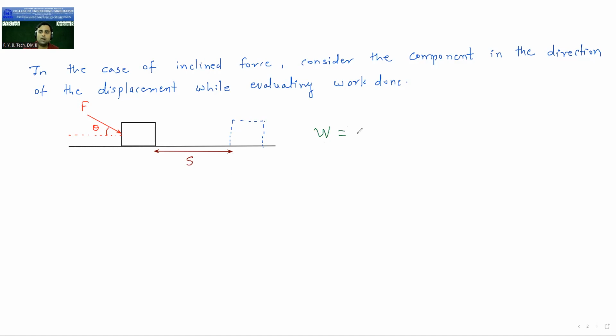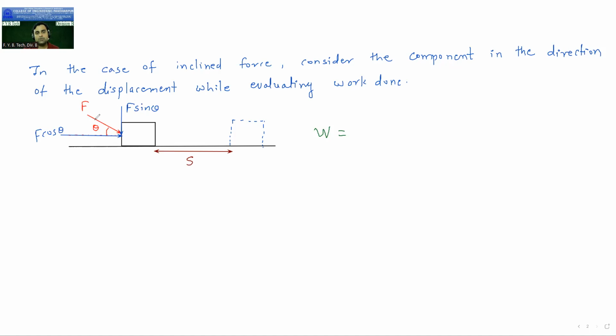You know that work done is equal to F into S. Here we have to resolve this force first. If you resolve this force, you will get one component in this direction and another component in this direction. Your angle is theta, so this will become F cos theta, and this is F sin theta.